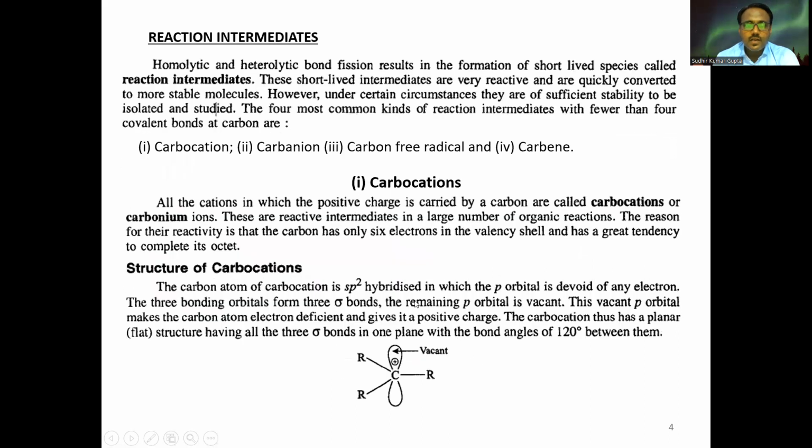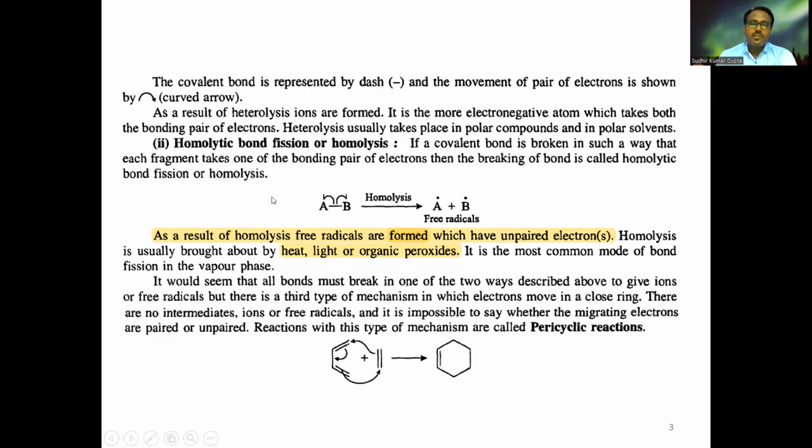Now, the reaction cannot be only of the homolytic or heterolytic cleavage type. Many times the chemistry is such that the pair of electrons is delocalized in a closed structure. In that case, we are not going to get any intermediate in the form of an ion or free radical.